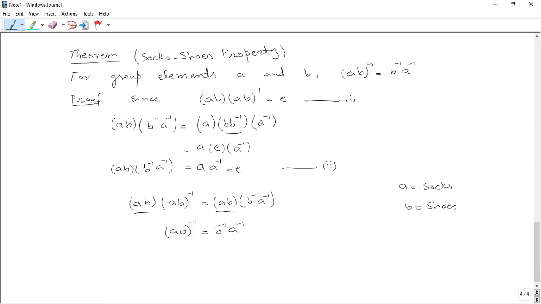But if we want the inverse process of this, then first we have to remove the shoes and then we can take off the socks. So the inverse of the socks shoes property is first we remove the shoes and then we remove the socks.